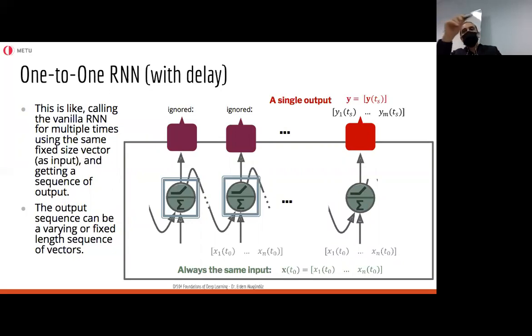Again, this is one-to-one, the input being one, meaning you're feeding the same input. While you're feeding the same input, just like in the one-to-many problem, you are getting multiple outputs. But imagine we are ignoring some number of outputs, which will correspond to the delay. We are reading only the last output, the third output. If you're reading only the third output, you are ignoring the first two, which means you have a delay of 2. This is the concept of delay. So this is like a vanilla RNN called for the same input multiple times, but with some of the outputs removed. Good.